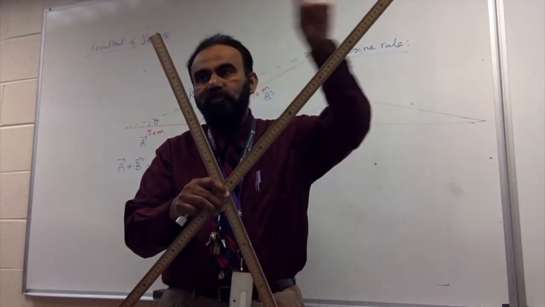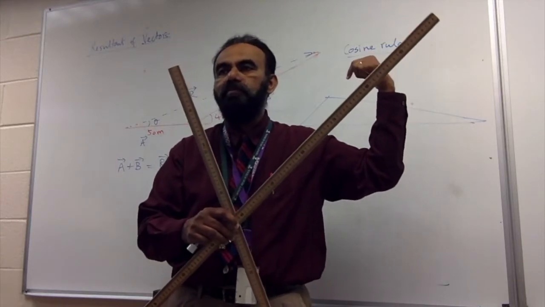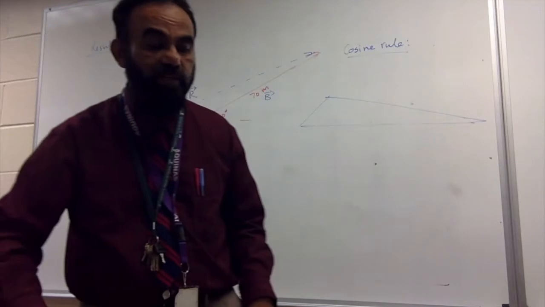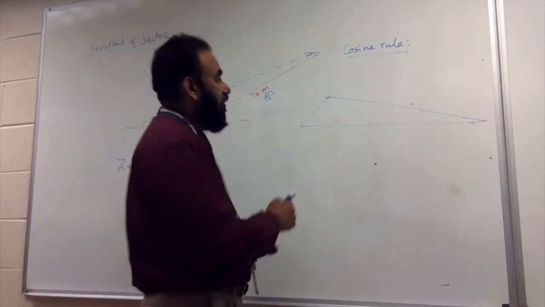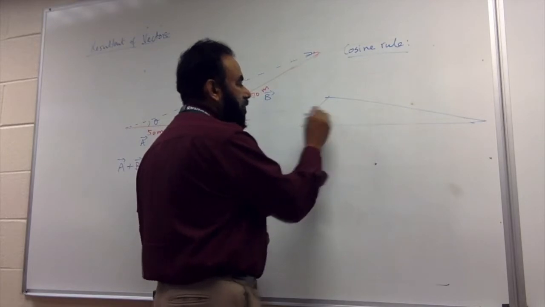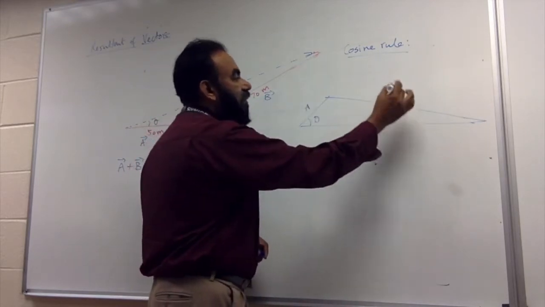So will that help you to find this? That is cosine rule. If you know two sides and the angle contained, you can find the third side of any triangle. So if I know this angle, and if I know this side, and if I know this side, I can find the third side.